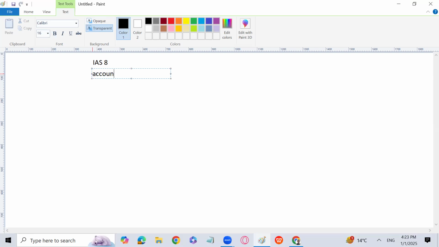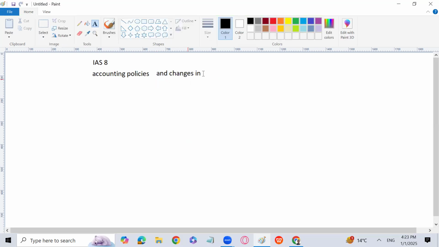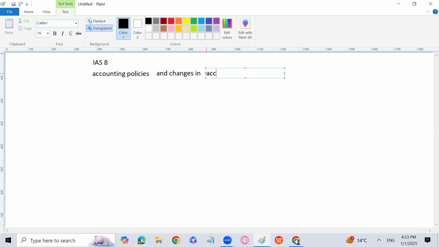The name of the standard is accounting policies, changes in accounting estimates and errors.